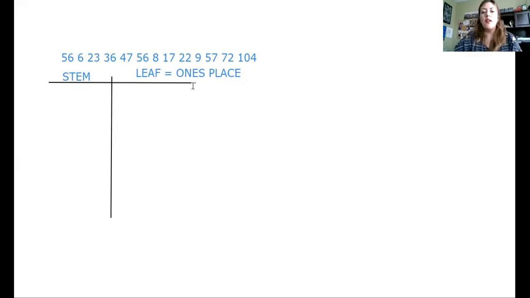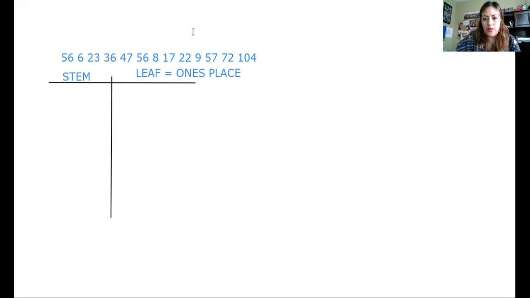Okay, so the way you organize your data using a stem and leaf plot is by looking at your numbers, and the easiest thing to do will be to organize from the smallest number to the greatest number. So when I look at my numbers, I notice that I have ones like 6, then I have an 8, then I have a 9.